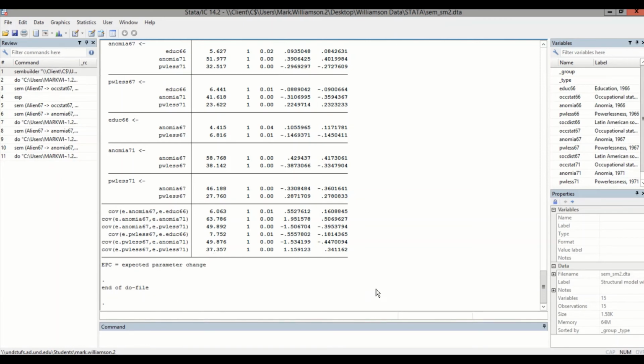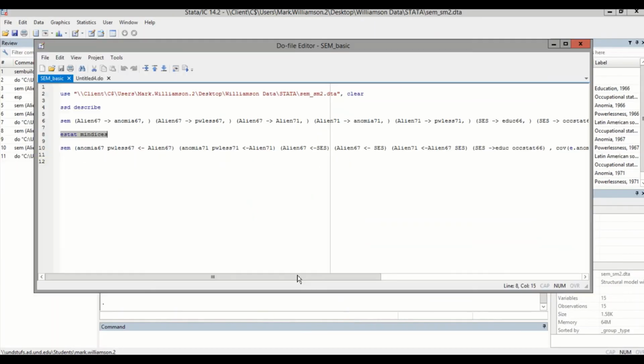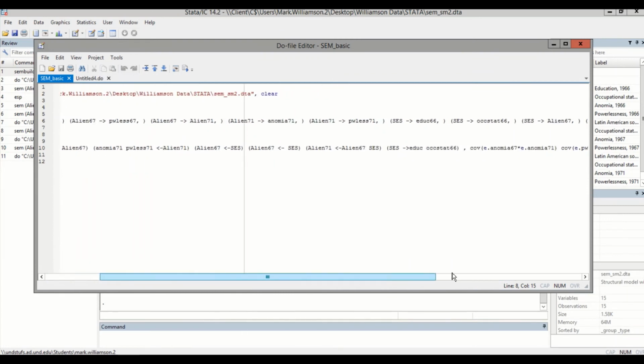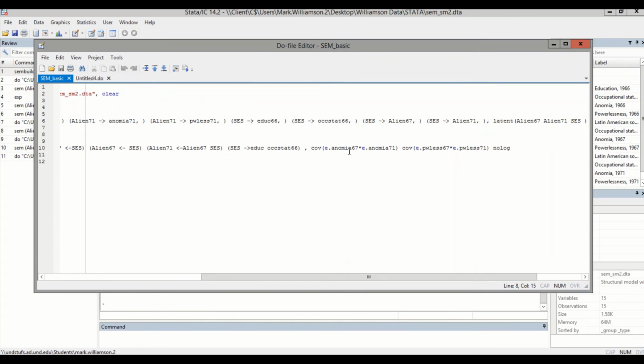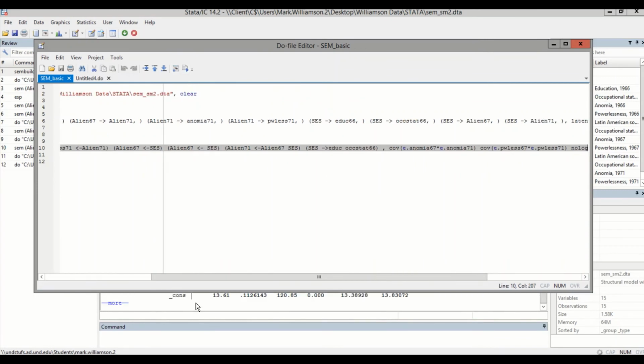This time, let's actually do it through the text. So here's our do file. This would just reproduce that model we had created by hand. Everything else is similar, but this time we add these covariance structures: covariance E, anomia 67, 71, powerlessness 67, 71, and then we have nolog, just to make it a little less noisy.